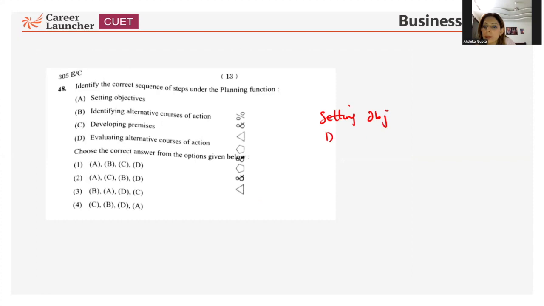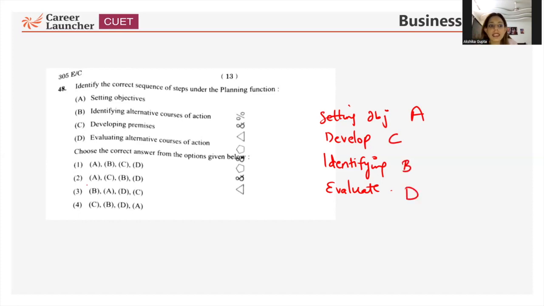Then you have to develop certain assumptions. Then identifying the alternative courses of action. Once you have identified, you are going to evaluate them, further select, implementation, and follow up. So when I talk about setting, that is A, C, B, and D. So A, C, B, and D, that is option 2, which is correct.